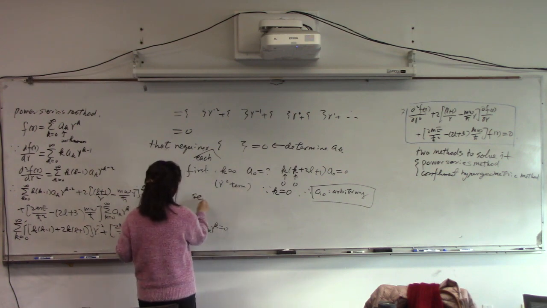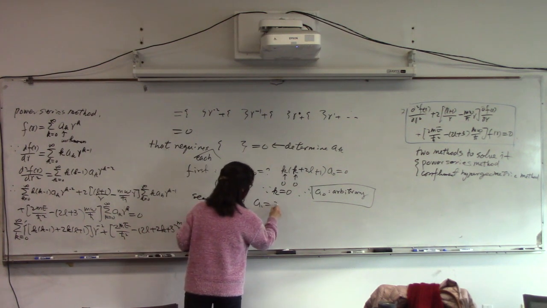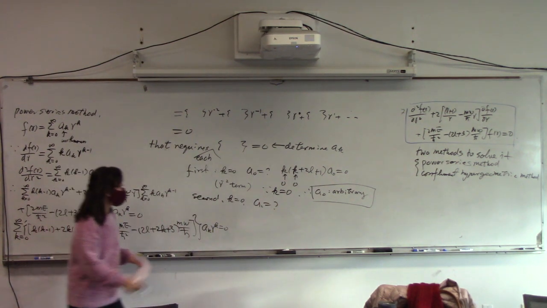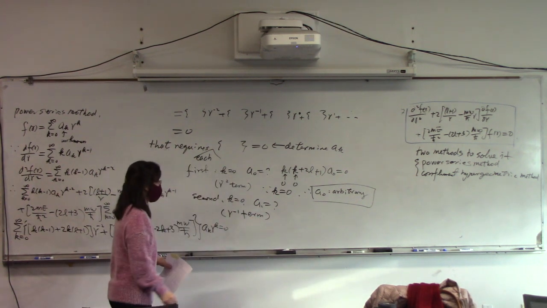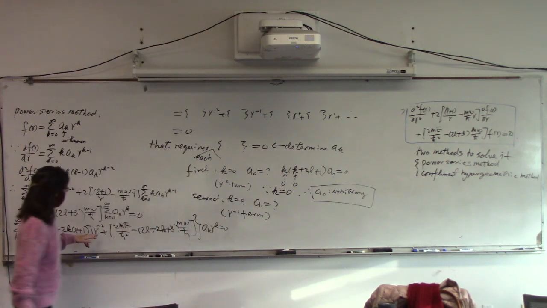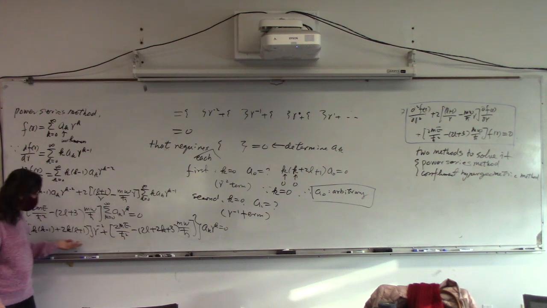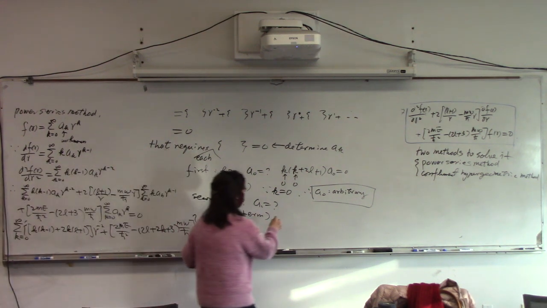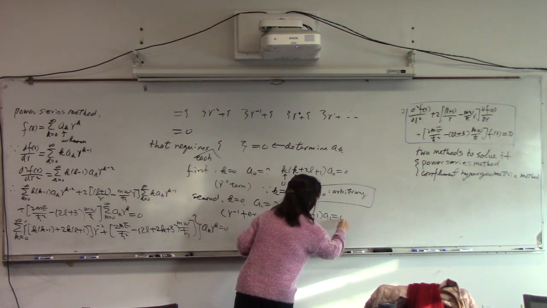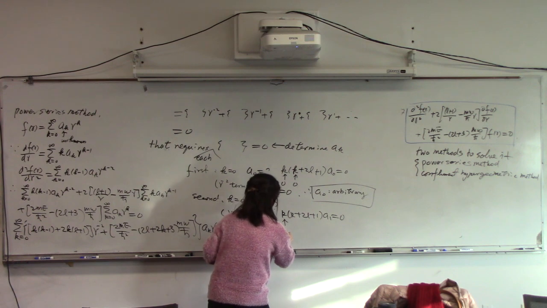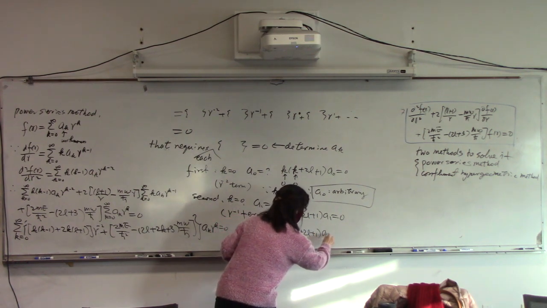Now second, we consider the k equal to 1 case. We are going to see a1. That is the r minus 1 term. Again, the r minus 1 term comes from here. This one will not contribute any r minus 1 term, right? So k plus 2L plus 1, a1 should equal 0. With k equal to 1, that is 1 multiplied by 1 plus 2L plus 1, a1 equal to 0.